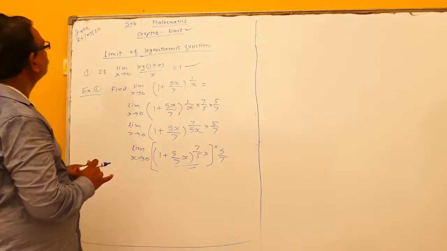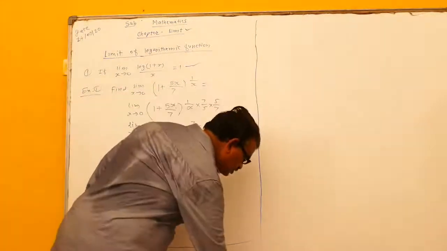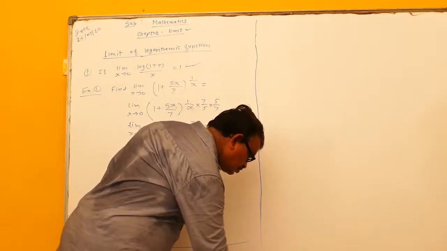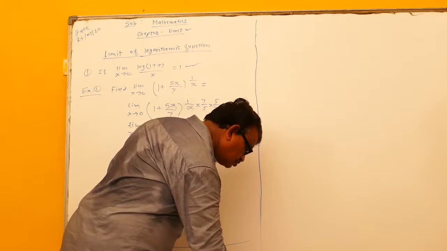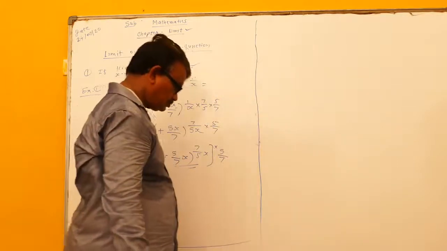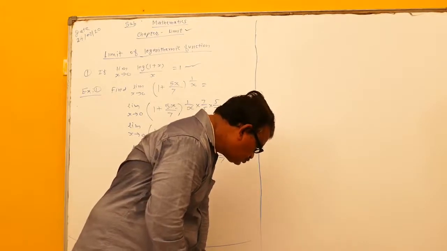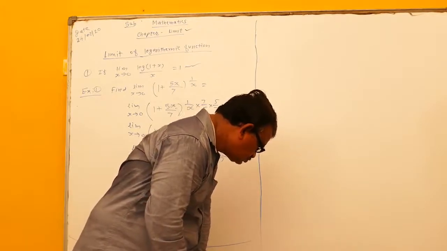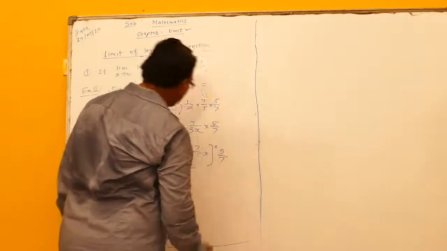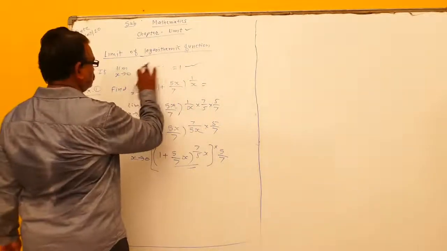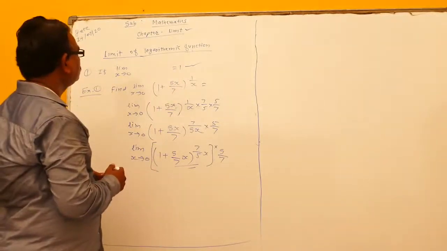I have not written this formula. This result is e, this is the third formula. Limit of logarithmic function.